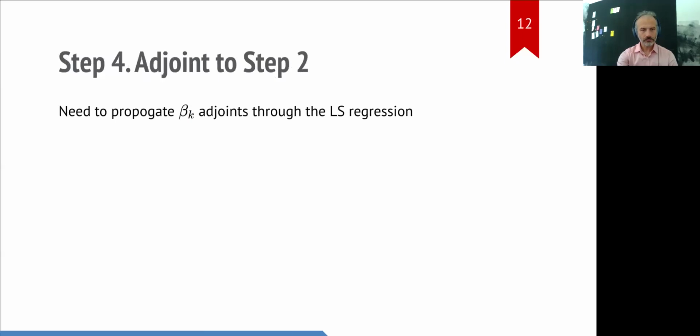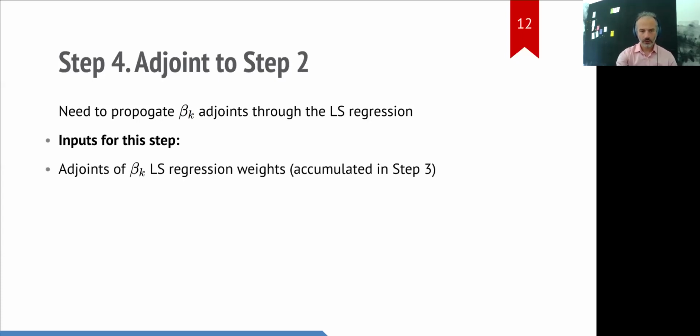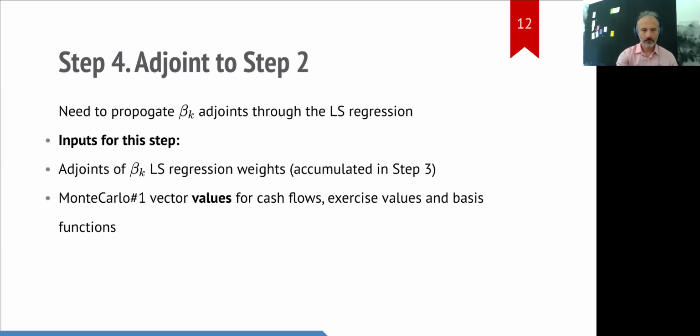In step 4, we want to execute the adjoint of step 2. So we need to propagate regression weight adjoints through the LS regression. The inputs for this step are the adjoints themselves for regression weights, and also the Monte Carlo 1 vector values.